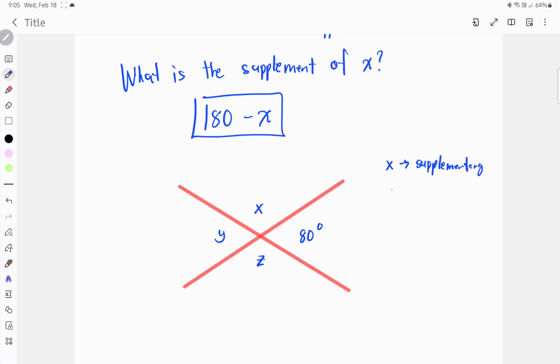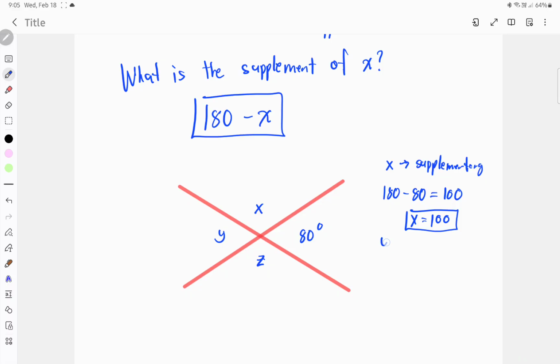So therefore, you have 180 minus 80. So this is now 100. So x would be equal to 100 as a supplement of 80.